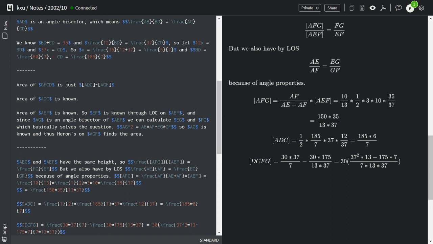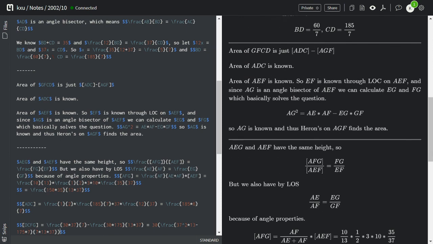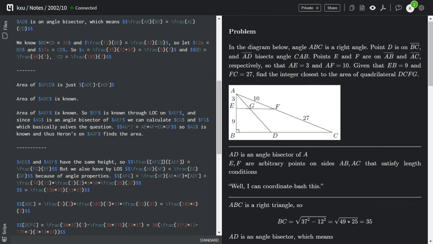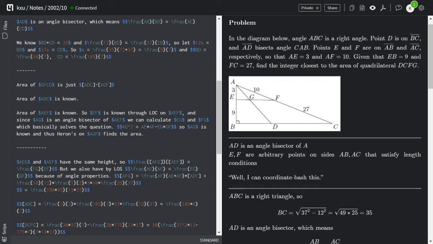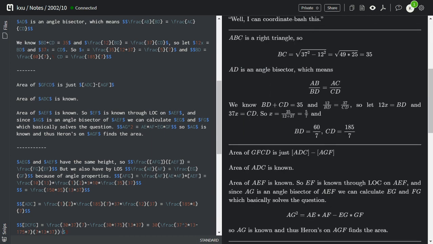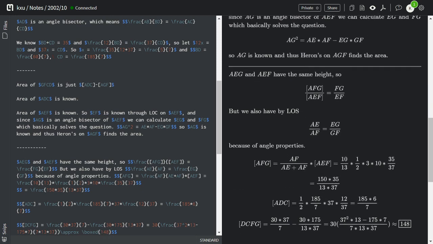So I'm getting an answer of 147.6. And what did we want? The integer closest to the area, so that will be 148. And so we're done.